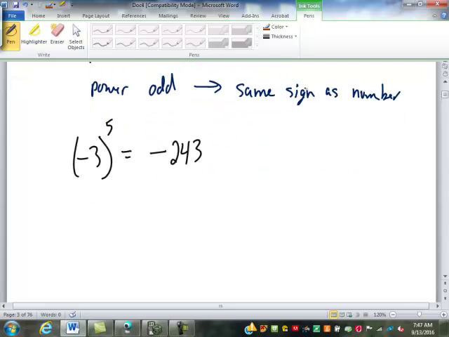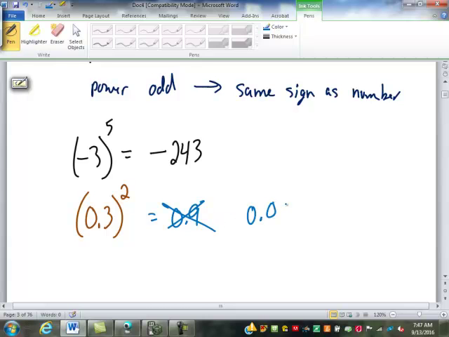So now with that in mind, let's take a look at something like this. 0.3 squared. Does 0.9 look correct? Okay, if you punch it in your calculator, you might be tempted to say that's the right answer, but it's 0.09.